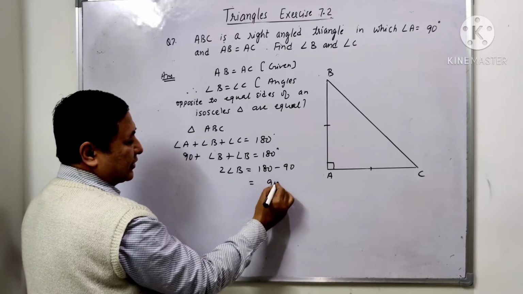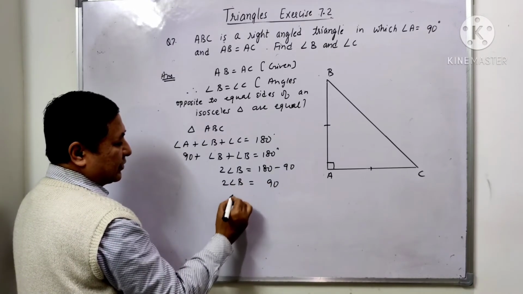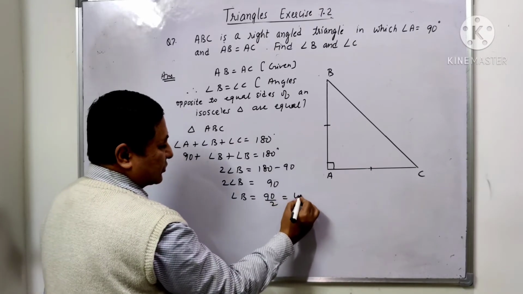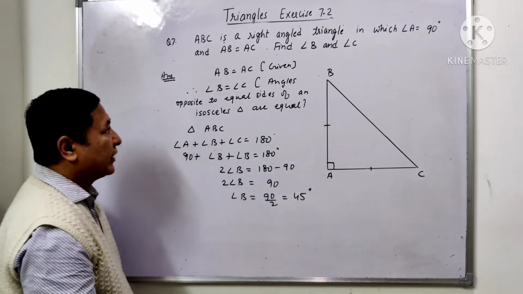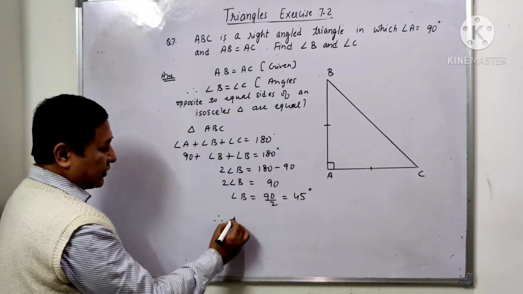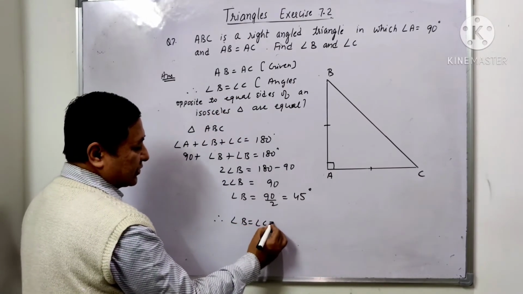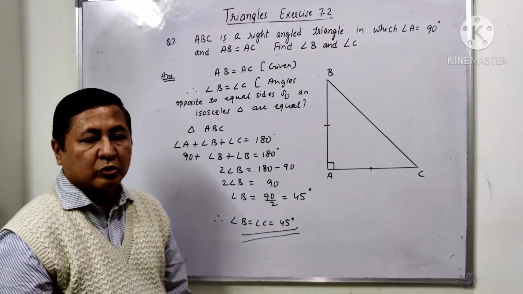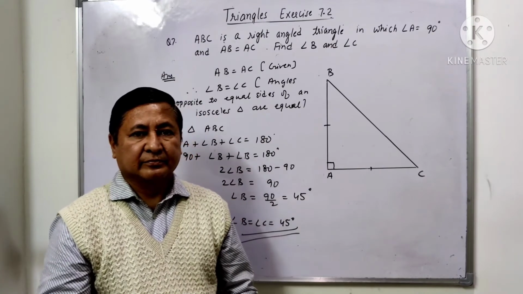So this becomes 90 equals twice angle B. So angle B is equal to 90 upon 2, which is 45 degrees. And we know that angle B is equal to angle C. Therefore angle B and angle C both are equal to 45 degrees.